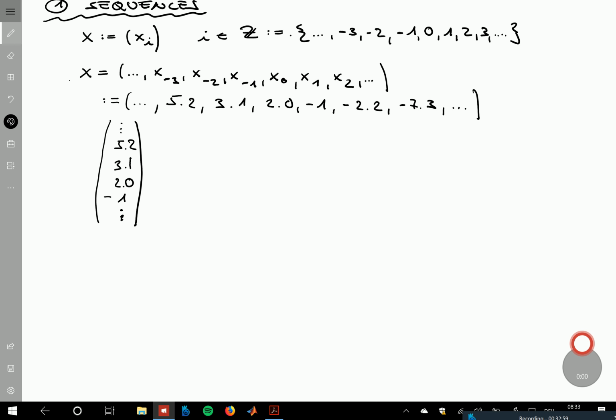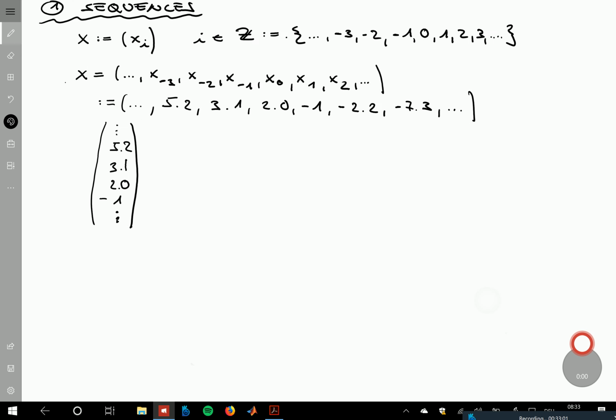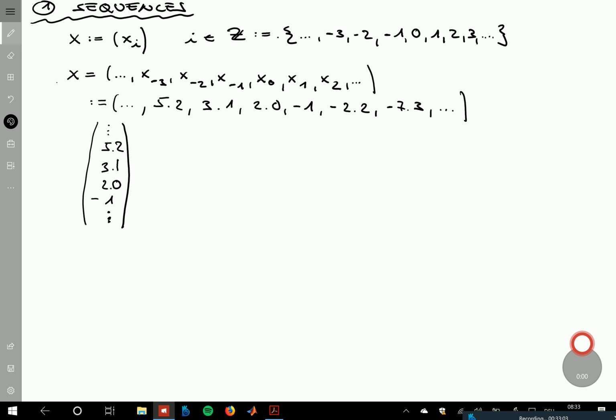What we need in addition today for sequences, which we didn't need before, are sequence operations. So one can also calculate or compute with sequences. And we are specifically interested in two operations on sequences.